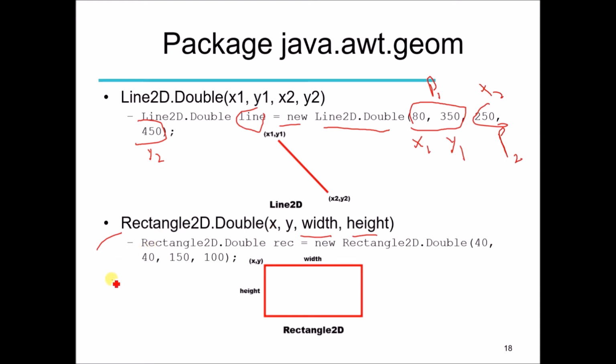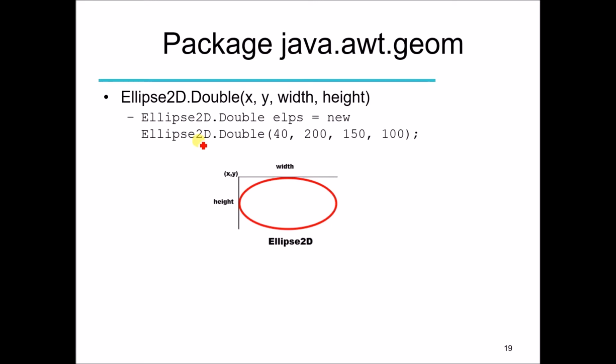So let's see the example. We write the class name rectangle 2D double, the object name, we can use any name for this object, equal, and the new operator, again the class name and the 4 parameters x, y, width and height. So we have constructed the object, but it is still not drawn. We have to call the method draw, and we have to pass these objects to this method to actually draw these objects on the screen or on the frame.